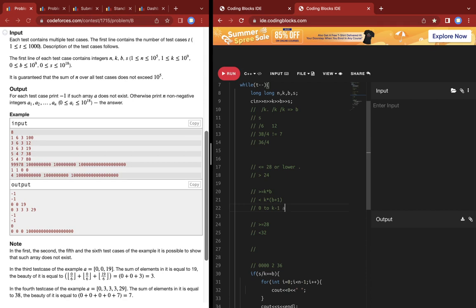So all other elements have 0 to k minus 1 and one element has a number that is between these two. And since we are doing this, we are ensuring that our beauty comes out to be B. Now, what if we first confirm that our sum is equals to S and then we talk about beauty? Then we figure out that no, I think this approach is better.